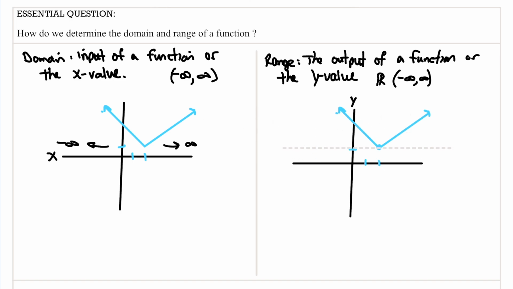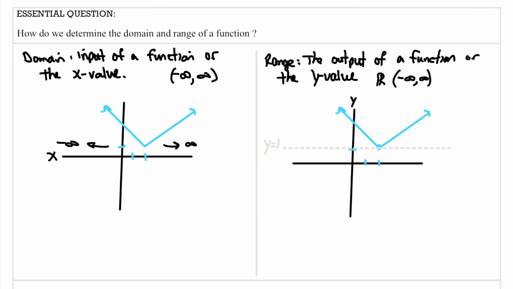And if we look down here now, there's no part of the graph that drops below that line. So this is y equals 1. So that's the line that goes through 1 along the y-axis, and it never drops below that. We don't see any points on our absolute value graph below that line y equals 1.